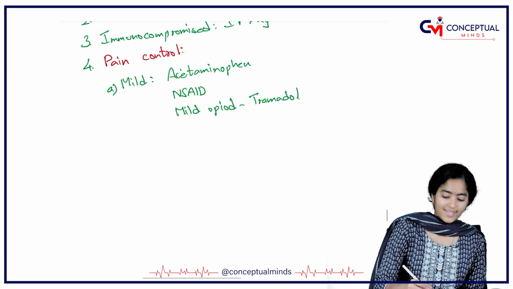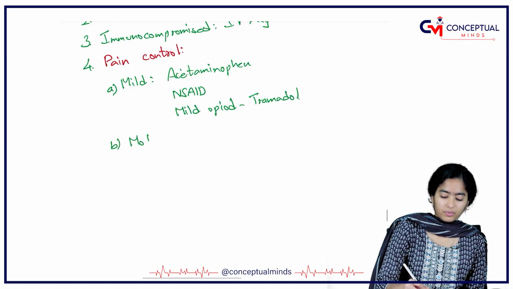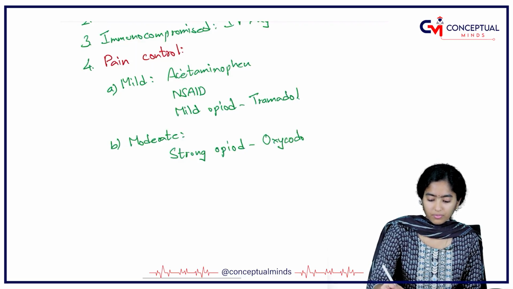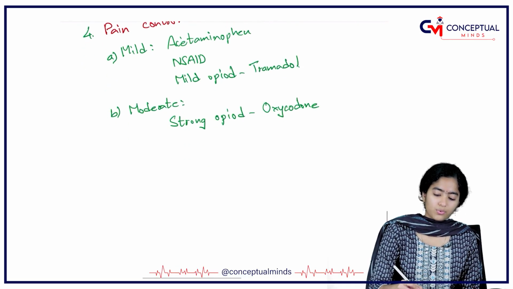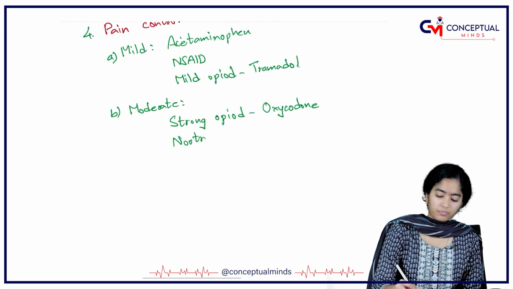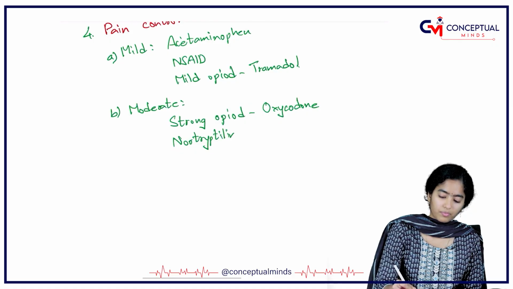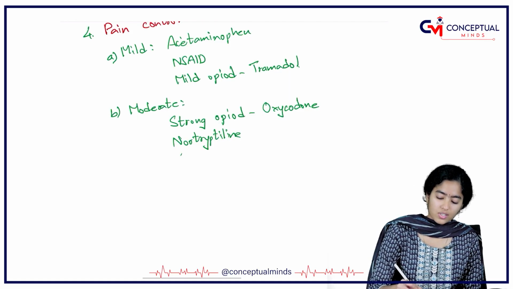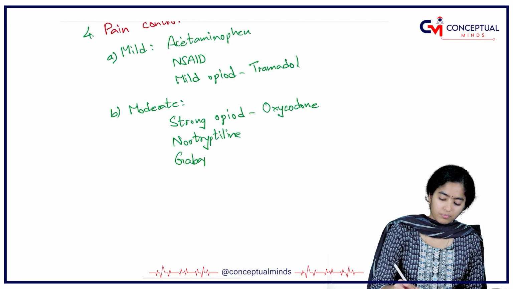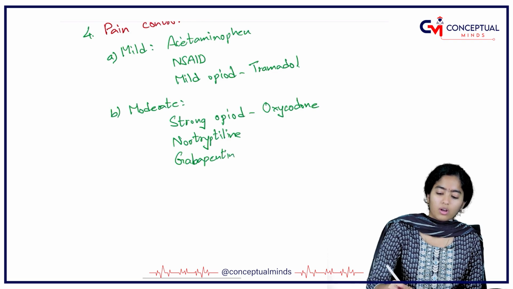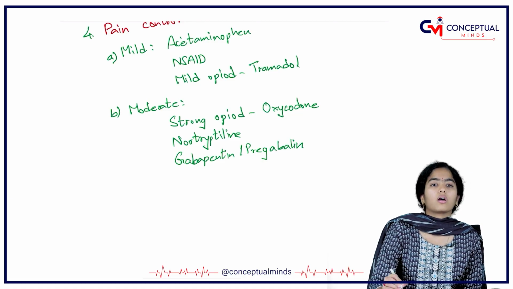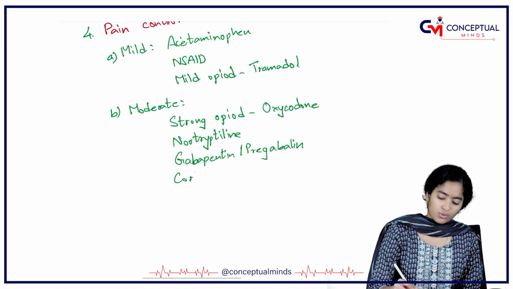In case the patient is having moderate amount of pain, we can use a strong opioid such as oxycodone, or we can use nortriptyline, or we can use drugs that are used for nerve pain, that is gabapentin or pregabalin, and we can also use corticosteroids.